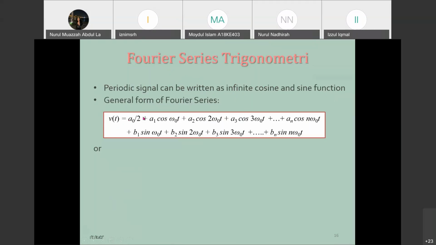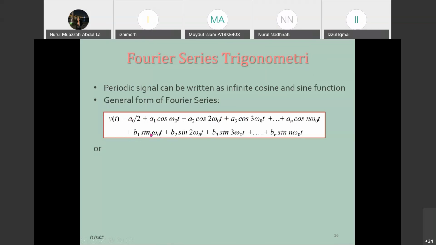This first part does not have any cosine or sine wave component. And then a1 cos omega naught t plus a2 cos 2 omega naught t and so on, up until an cos n omega naught t. And then plus the sine component: b1 sine omega naught t, b2 sine 2 omega naught t, up until bn sine n omega naught t.